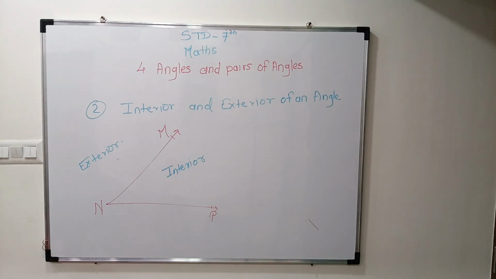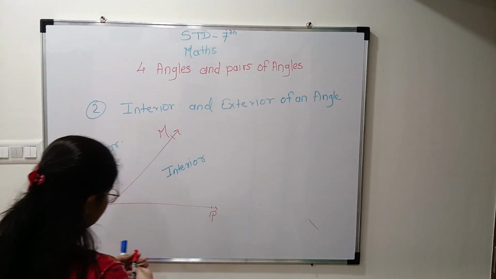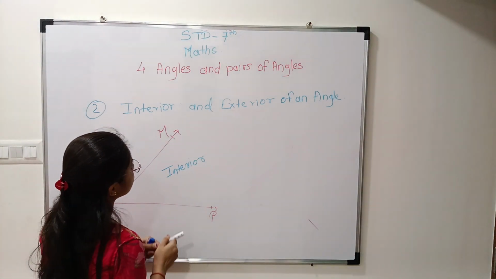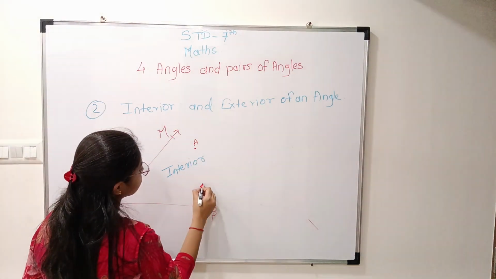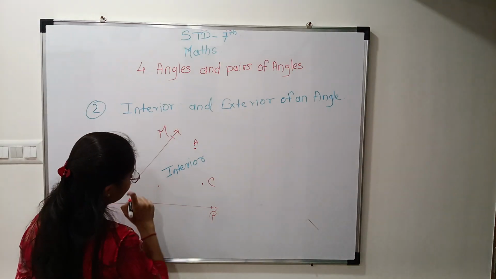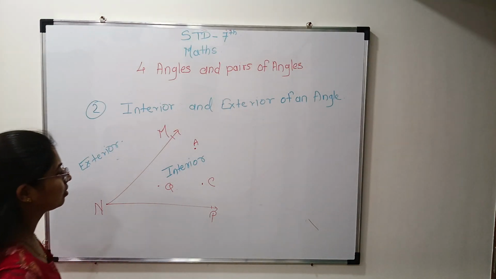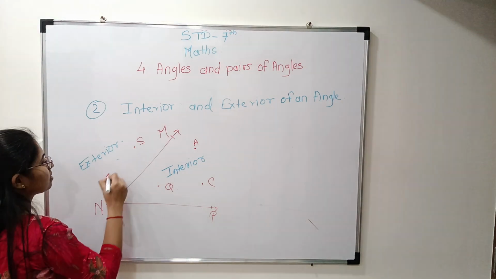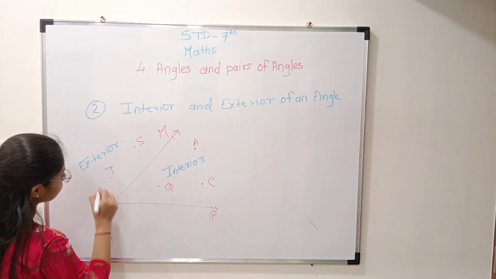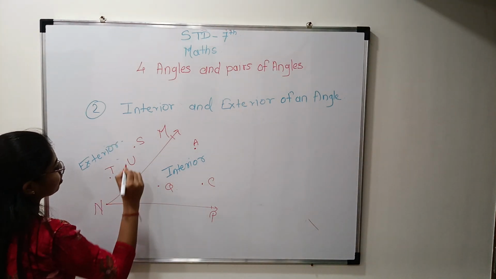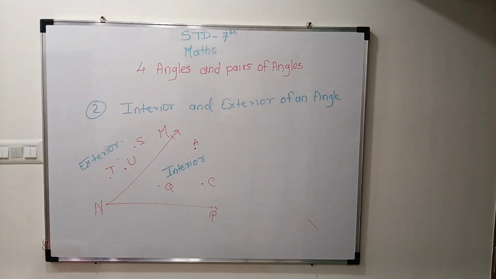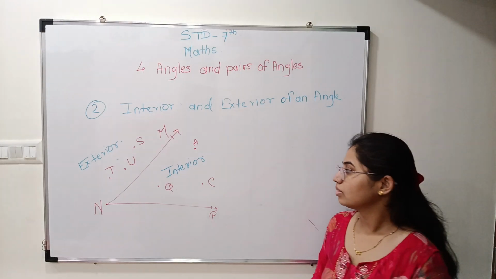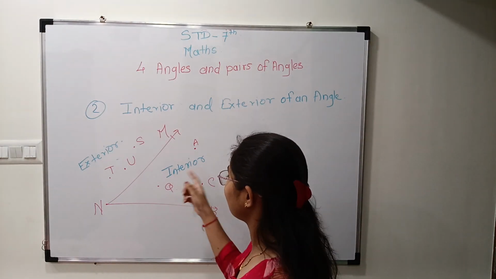Now if I put some points inside this space here, suppose I put some points here, like here A, here C, here Q, and here S, T, U. So now you can tell me what is the interior of angle MNP.